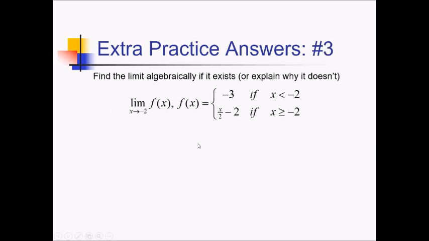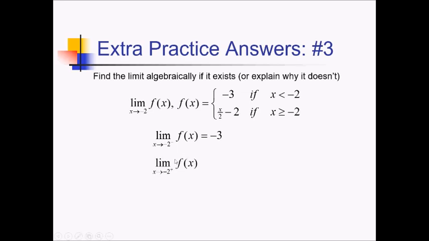For this problem, I'm trying to find the limit as x approaches negative 2 for this piecewise function. Since negative 2 is the border value here, I need to find the left and the right-sided limits at negative 2. For the left-sided limit, we're using the rule where x is less than negative 2, so that automatically returns negative 3 as the output, no matter what you plug in.